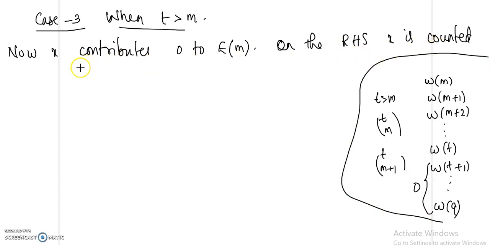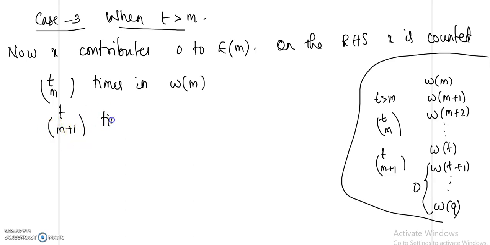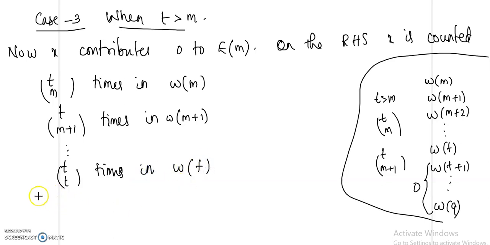So on the RHS, x is counted tCm times in omega of m, tC(m plus 1) times in omega of m plus 1, and so on, tCt times in omega of t, but x contributes 0 to omega of r for r greater than t.